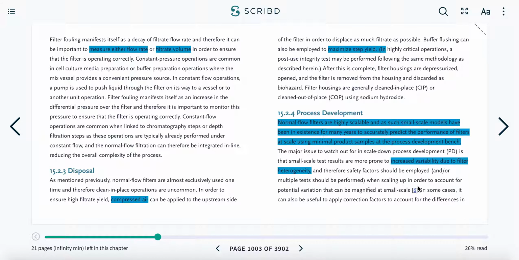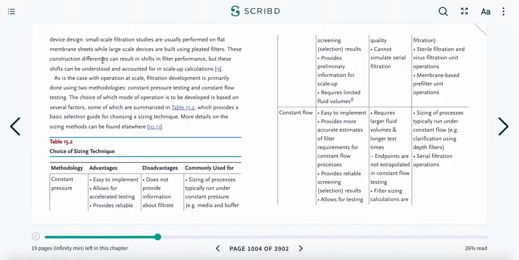Multiple tests should be performed when scaling up in order to account for potential variation that can be magnified at small scale, and in some cases it can also be useful to apply correction factors to account for differences in device design. Small scale filtration studies are usually performed on flat membrane sheet, while large scale devices are built using pleated filters.